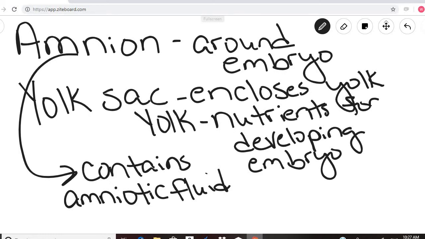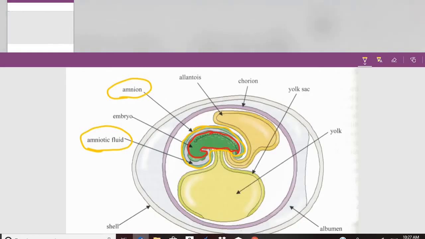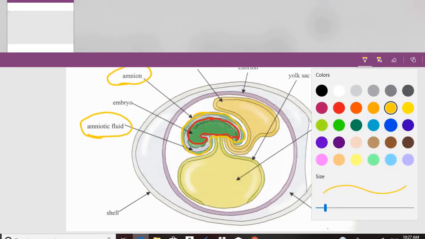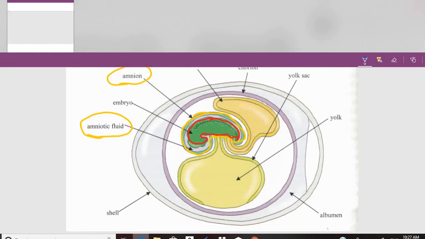Okay, and then the second part that we've looked at so far is the yolk sac and the yolk.